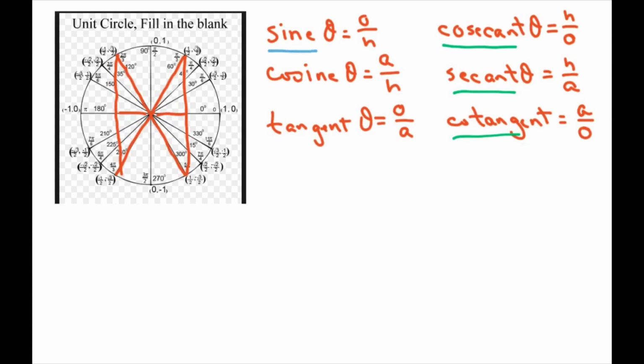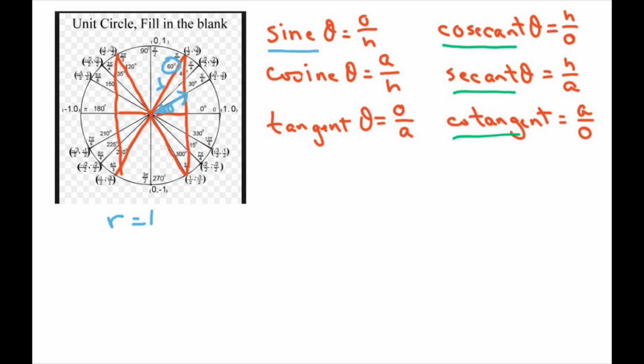For sine, we know that sine of our angle, if we look at the 60 here, is opposite over hypotenuse. And our hypotenuse, our r, is 1.